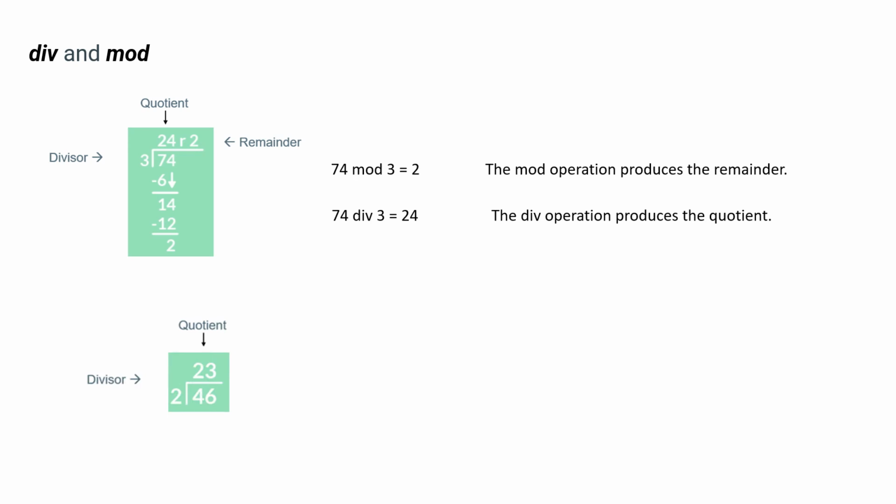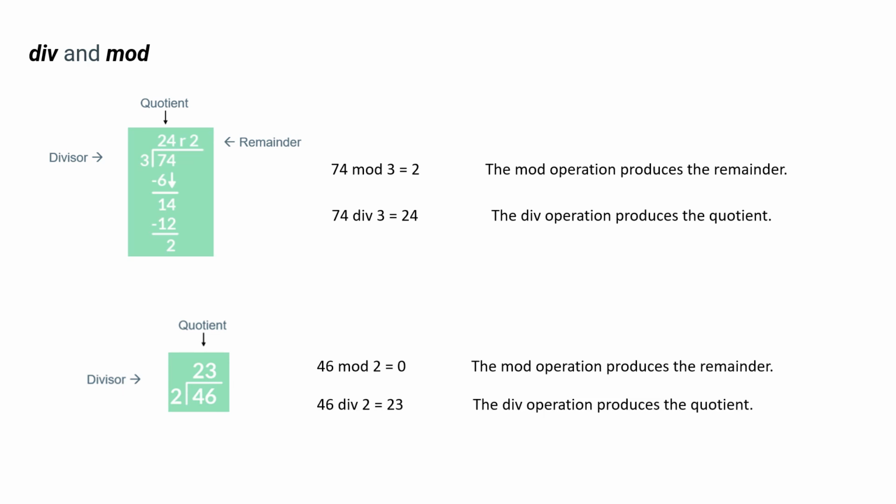Here's another example: 46 divided by 2. In this case, if we did long division, we'd find that we don't have a remainder. And again, if we compare what we have on the left to these modulus and div operators, we'll see how they correspond to what we have in the long division. 46 mod 2 would end up being 0, and that's the remainder we got with that long division.